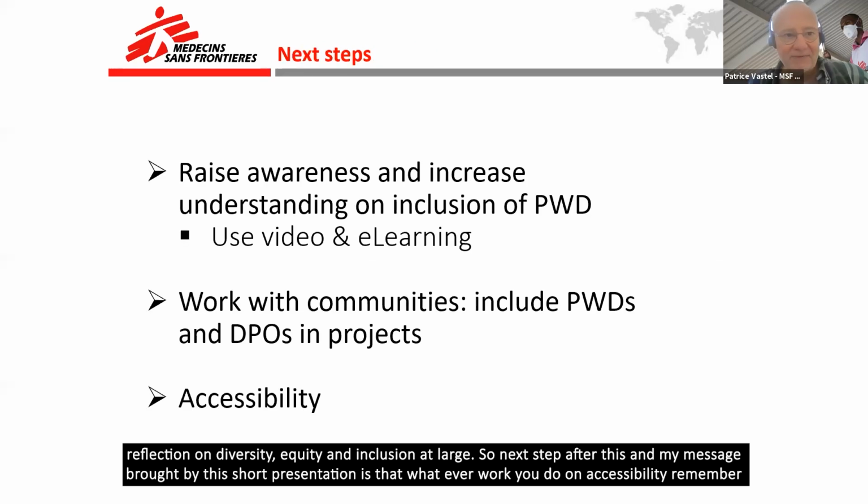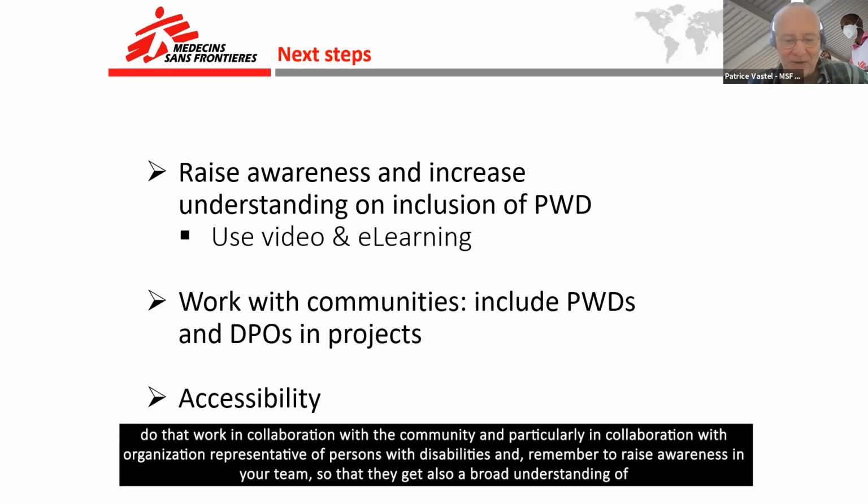So next step after this, and why I did this short presentation, is that the message brought by this short presentation is that whatever work you do on accessibility, remember to do that work in collaboration with the community, and particularly in collaboration with organizations representative of persons with disabilities.